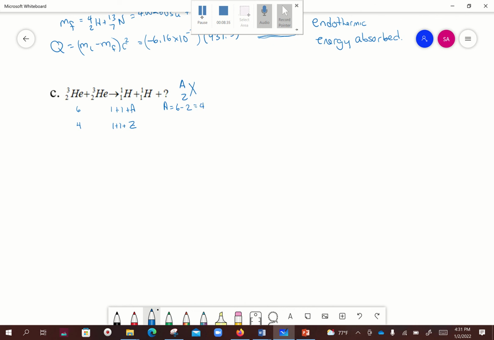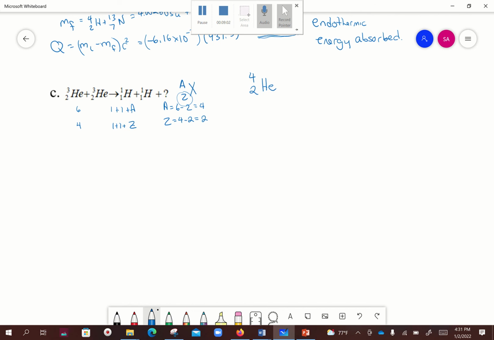Z has to be equal to 4 minus 2, which is 2. So I get 4, 2, and I look at what element has 2 protons, and it's just helium. So it's just an alpha particle. So when I have 2 helium nuclei joined together, I get an alpha particle plus 2 hydrogen nuclei.